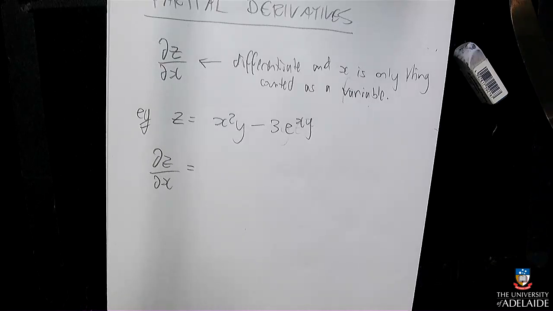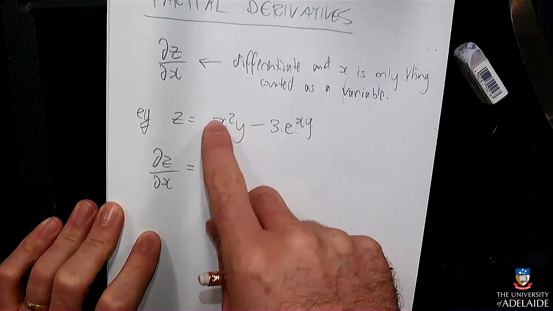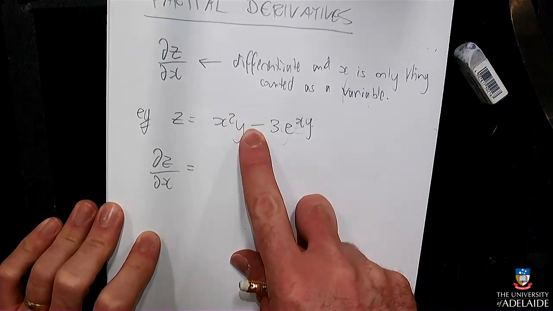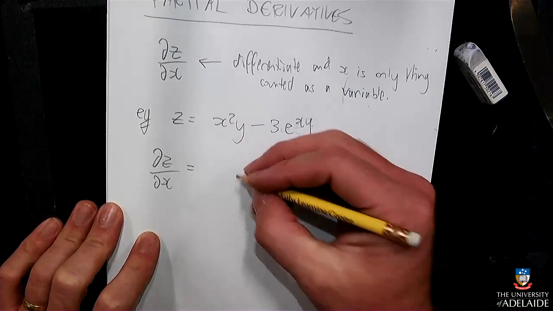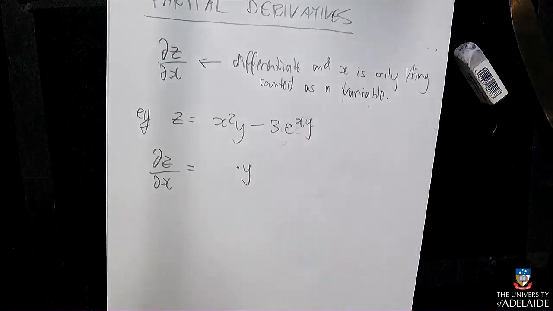So let's have a look here. When I look at this thing, it's got an x squared and it's got a y, but that y counts as a constant. Since the constant is multiplied on, it will still be there afterwards, because that's what happens with derivatives. If I had 5 times x squared, it would be 5 times 2x. If it was 7 times x squared, it would be 7 times 2x. That's one way of making sure I've done it right: pick a number that you can tell where it is when you're finished for the y and see what you would do.